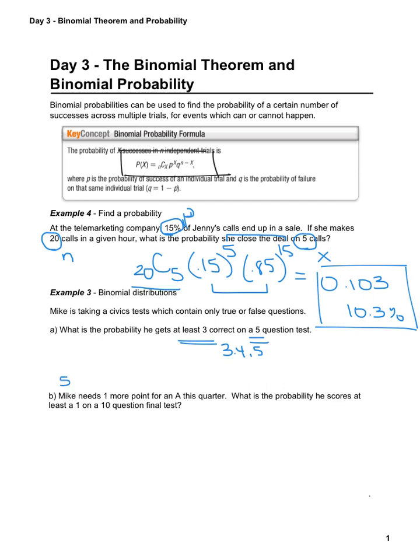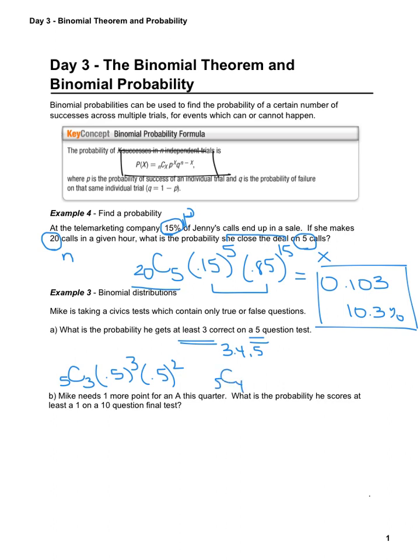I set up the binomial probability for getting at least 3 correct. So we have 5 choose 3. He has a 50% chance of getting it right. He wants 3 correct. If he gets 3 correct, he must get 2 wrong. That's the probability he gets exactly 3 correct.